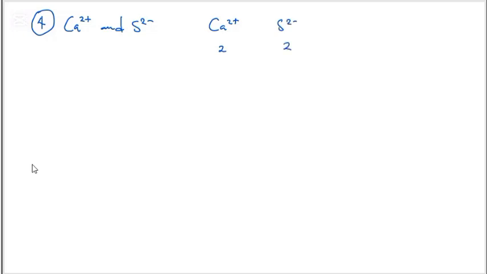So what is the ratio here? The ratio here is 1:1, like 2:2 is the same thing as 1:1. So you will not come and say this is Ca2S2. No. The ratio is still 1:1. What do I mean? If you divide both sides by 2, you get 1.